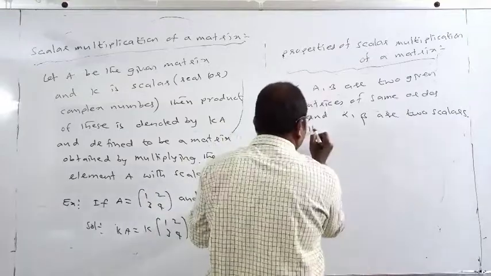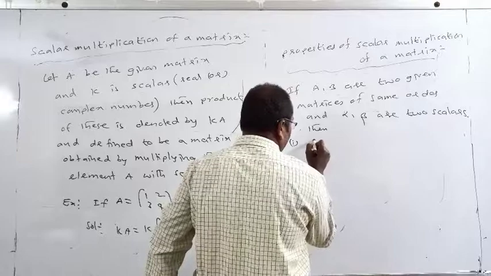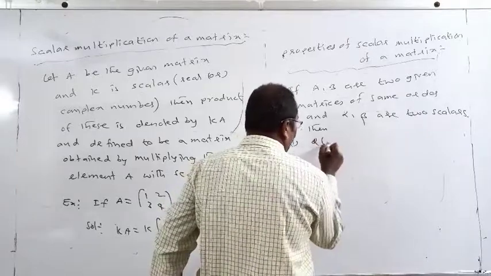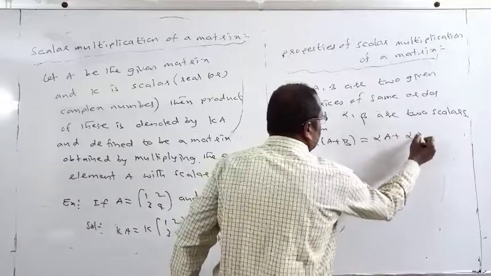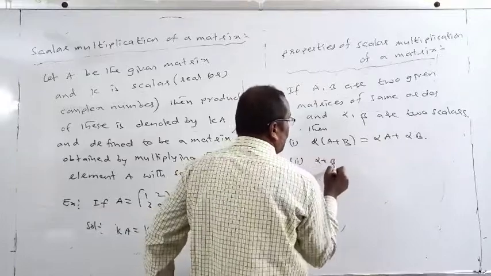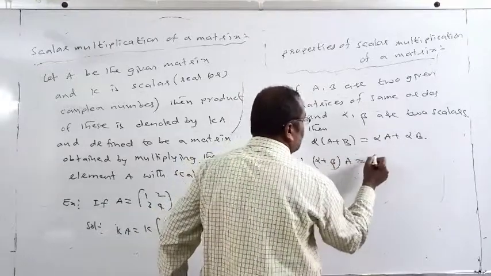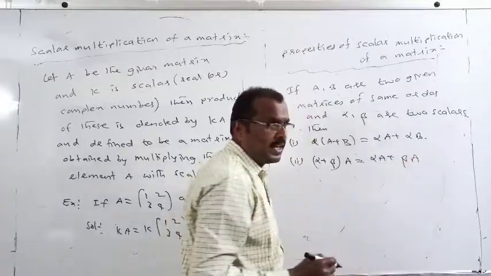Then number 1, alpha into (A plus B) equal to alpha A plus alpha B. Number 2, (alpha plus beta) into A equal to alpha A plus beta A. Don't confuse, capital letter is a matrix.